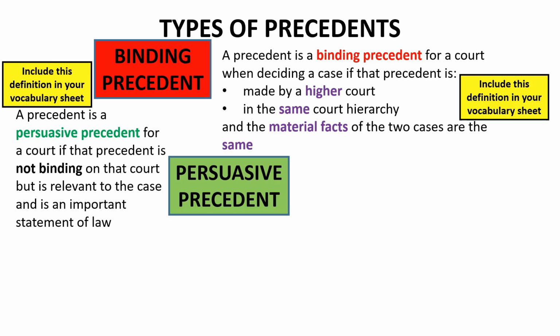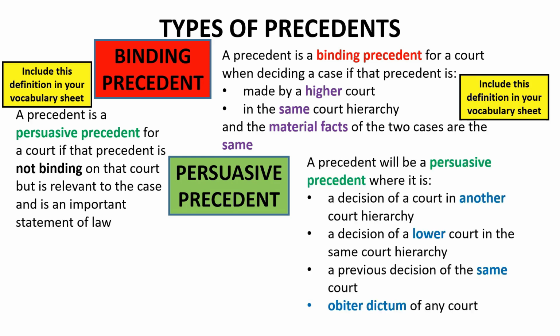Put simply, a persuasive precedent is a precedent that is not a binding precedent for a court. Where a precedent is persuasive, a court may choose to follow that precedent, but it is not obliged or required to follow that precedent.